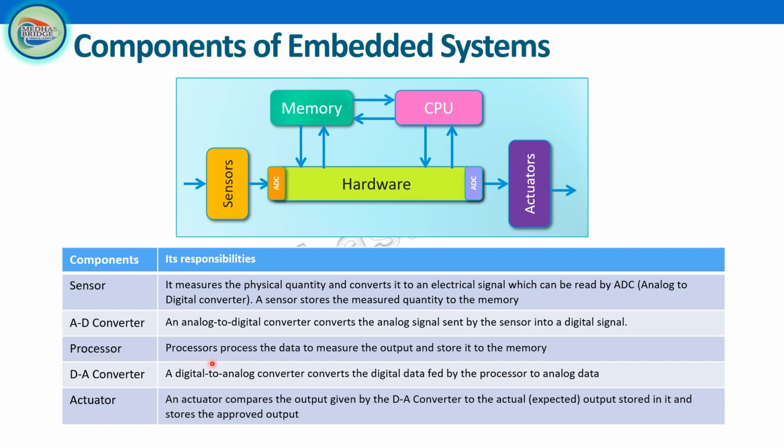The processor processes the data to produce the output and stores it to the memory. The D to A converter, a digital to analog converter, converts the digital data fed by the processor to analog data. Now the actuator: an actuator compares the output given by the D to A converter to the actual expected output stored in it and stores the approved output.